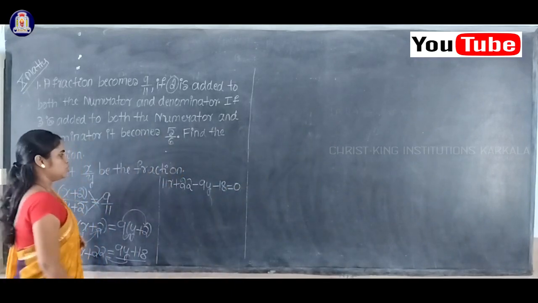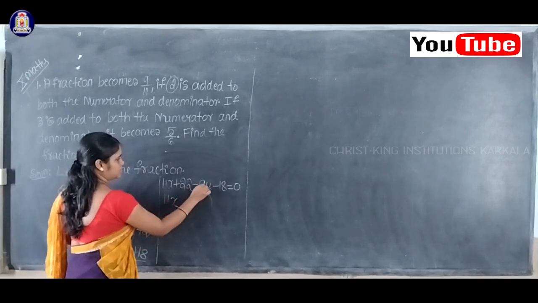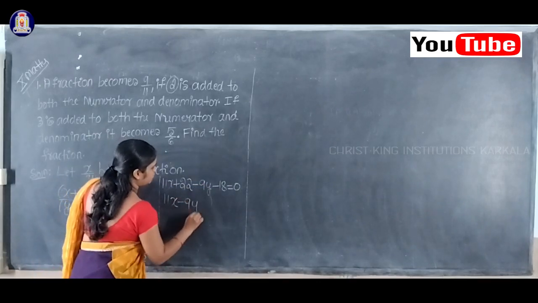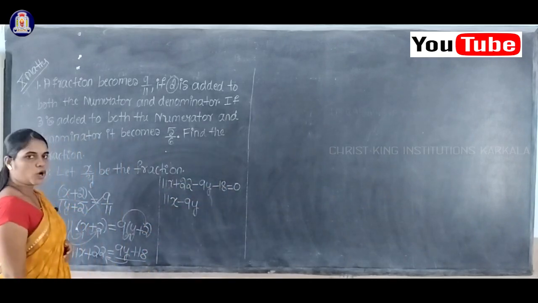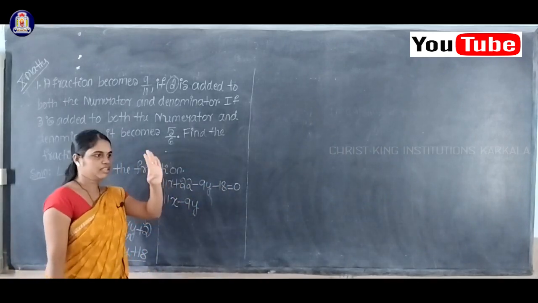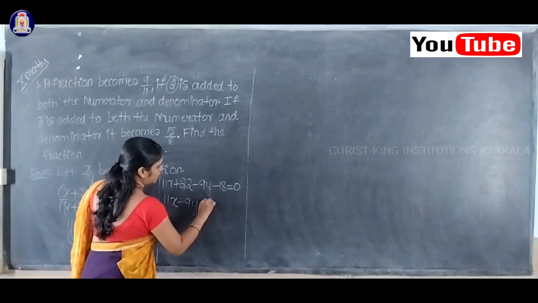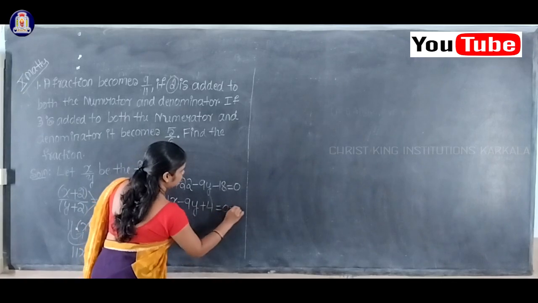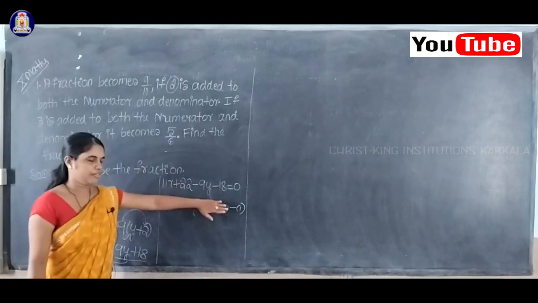So 11x minus 9y, and 22 minus 18 is 4. So 11x minus 9y plus 4 equals 0. This is your equation number 1.